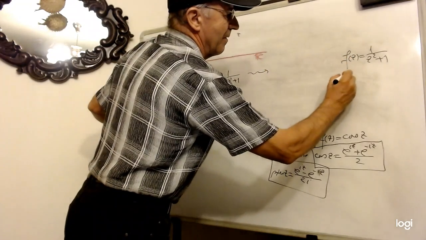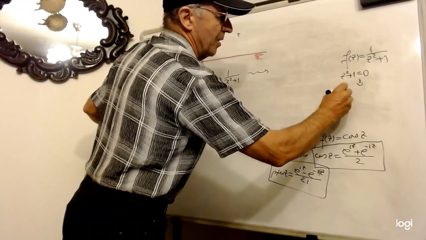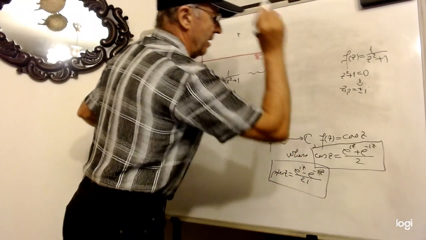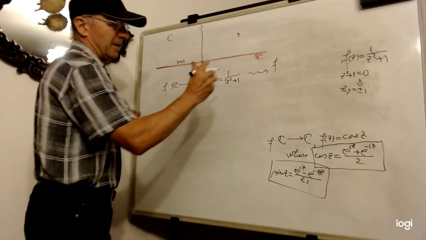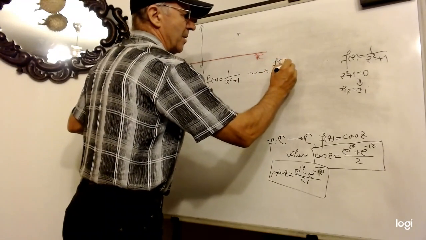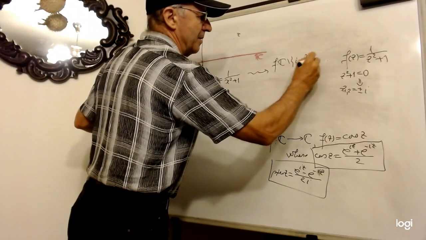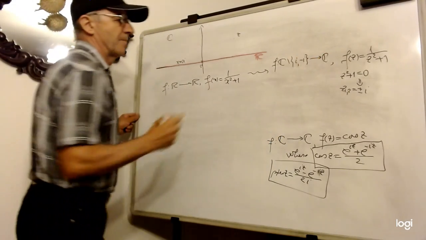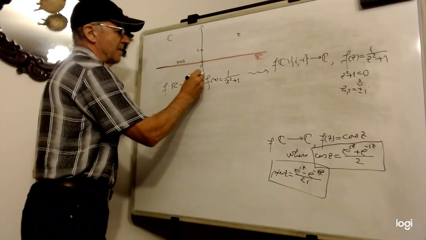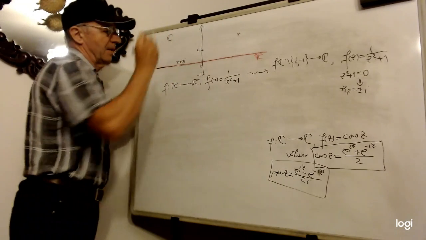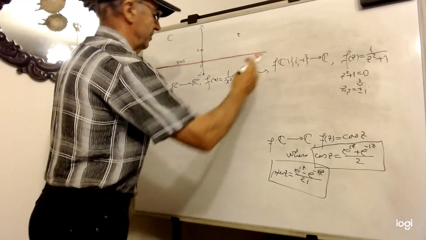We can remark that z squared plus 1 equals 0 gives z1,2 equals plus or minus i. So here the extension's maximum domain of definition is C minus the points i and minus i. We have to eliminate these two points from the domain of definition in order for this expression to define a function.